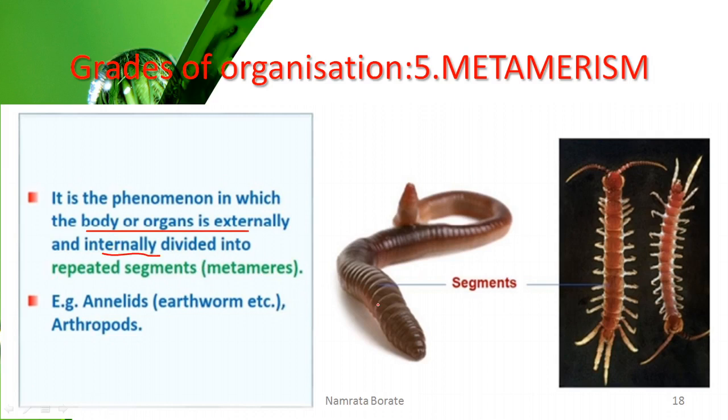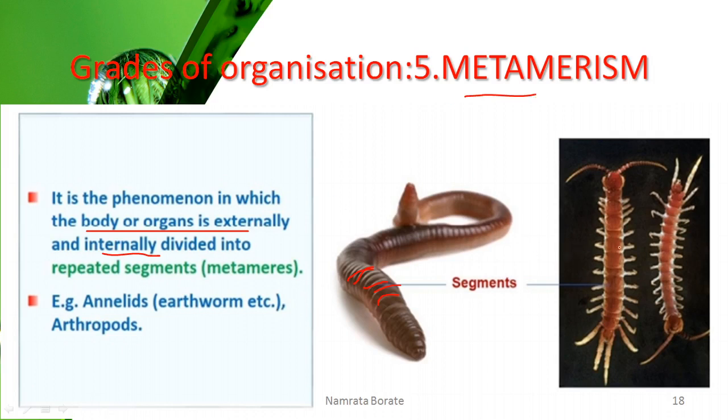You can see here the presence of segments, and each segment is called a metamere. It is observed in Annelida. This organism is the earthworm, and in the earthworm the segmentation is very clear, internally as well as externally. So that is called metamerism.